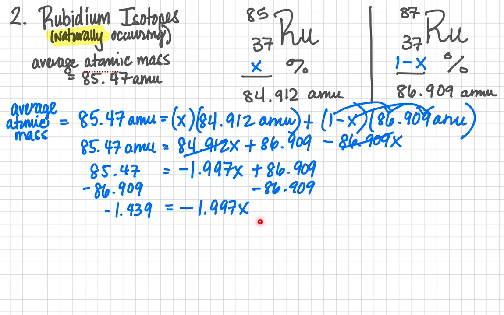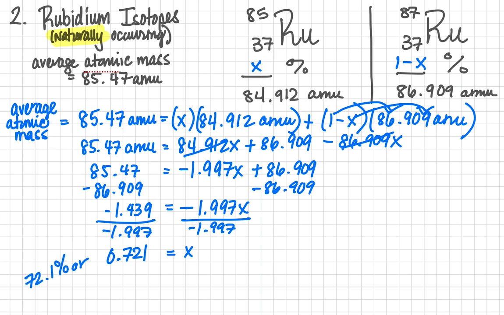I'm going to divide it by negative 1.997 to isolate x. And my answer is 0.721. And this is also the same thing as saying it's 72.1%. So that's what x is.